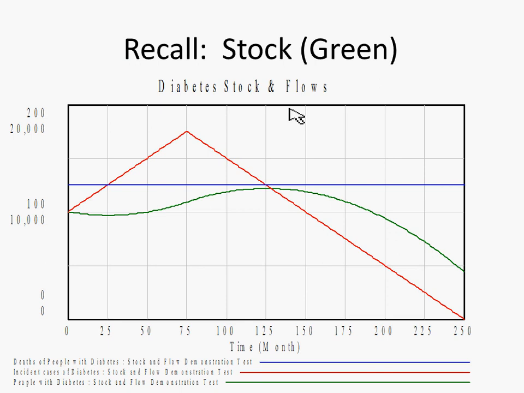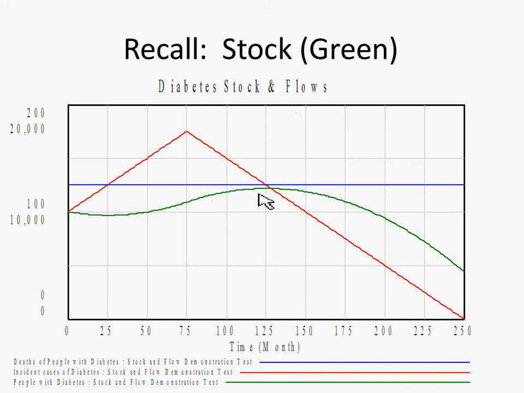But the value of the stock, we say, was endogenously calculated there. We didn't pre-specify it. It was defined merely implicitly by the flows, and it resulted from those flows, right?